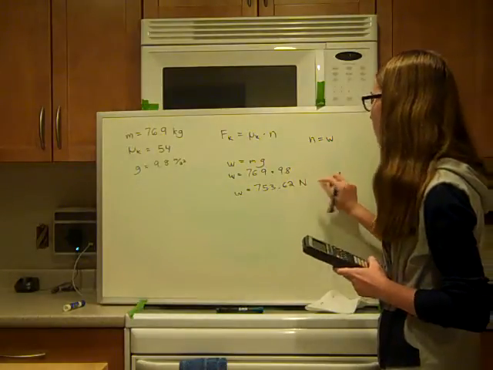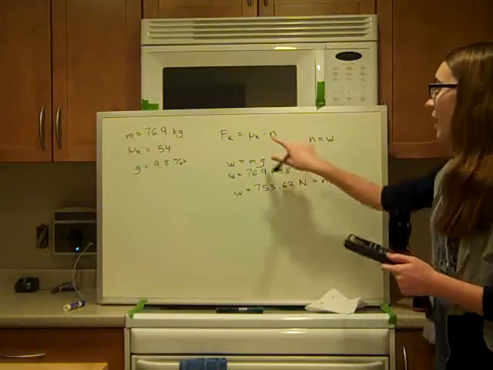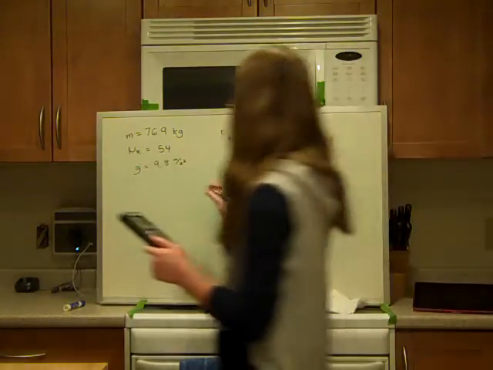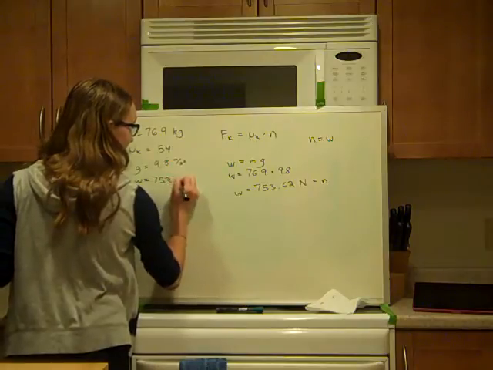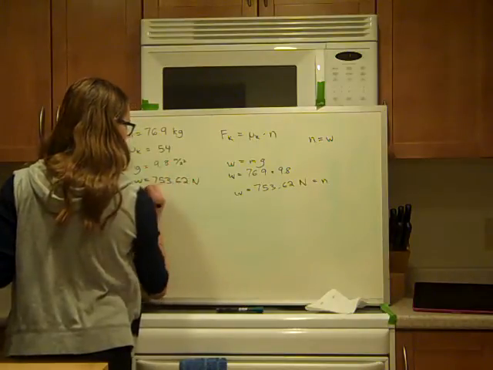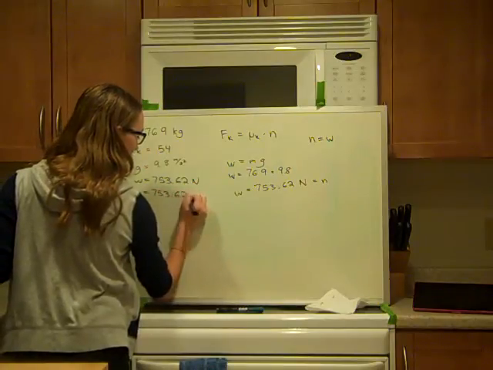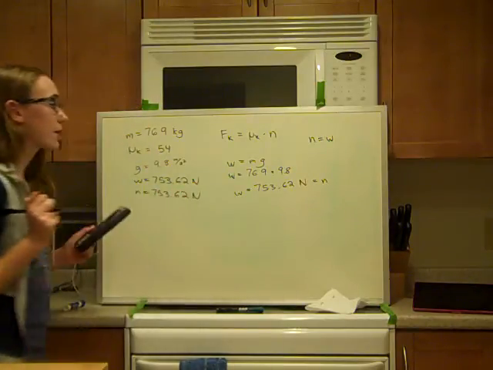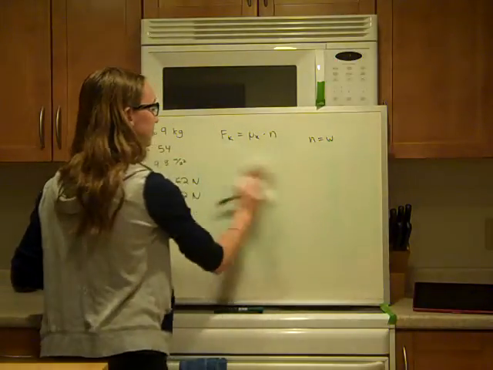Alright, so weight, we also know, is equivalent to normal force, so we can just write equal to N there. And now we can solve for this equation. So I'm just going to write this in our bank of knowledge, because we may need this later. Normal is also equivalent to 573.62. There we go. Alright, and now we're going to solve this equation, so I'm just going to erase this.